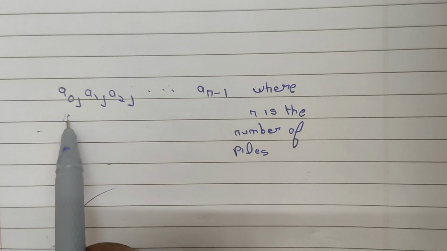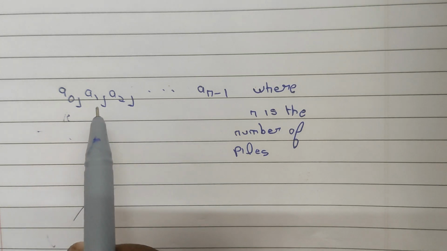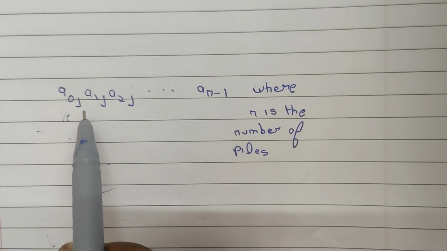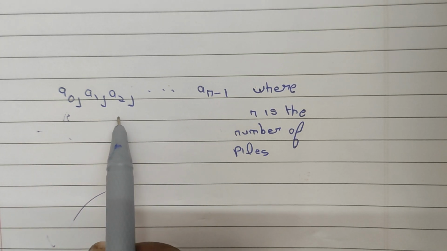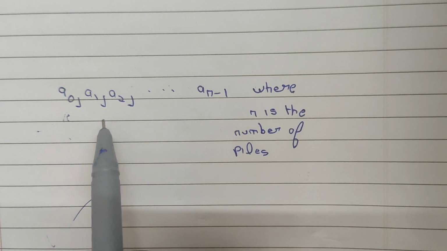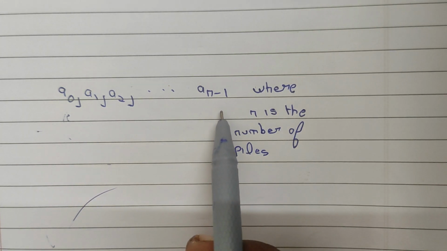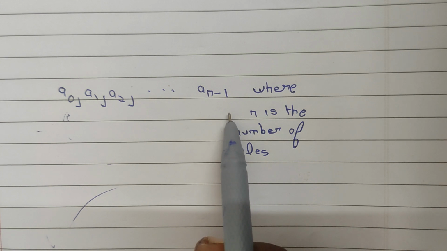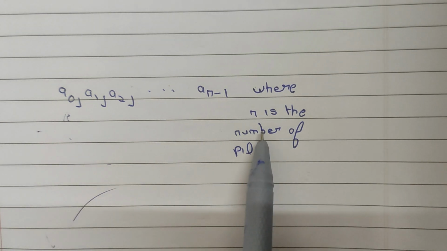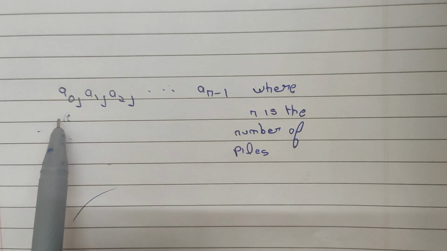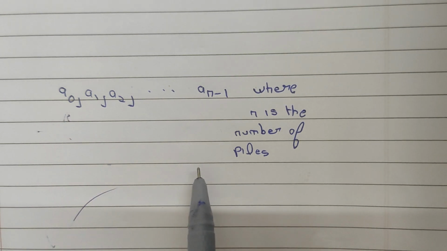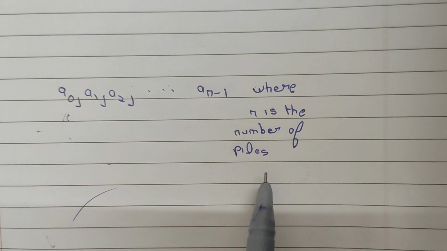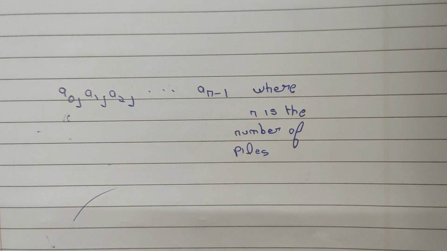So the 0th pile has a0 pieces of loot, the first pile has a1, the second pile has a2, and the n-1th pile has a(n-1). We are using 0-based indexing, and n is the number of piles.